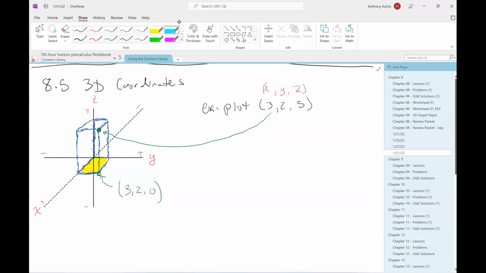We're in that same XY plane. And what we've done now is we've just lifted that entire XY plane 5 units in the Z direction. Basically just projected that up 1 dimension, right? We took a 2-dimensional point and then lifted it into 3 dimensions, basically.